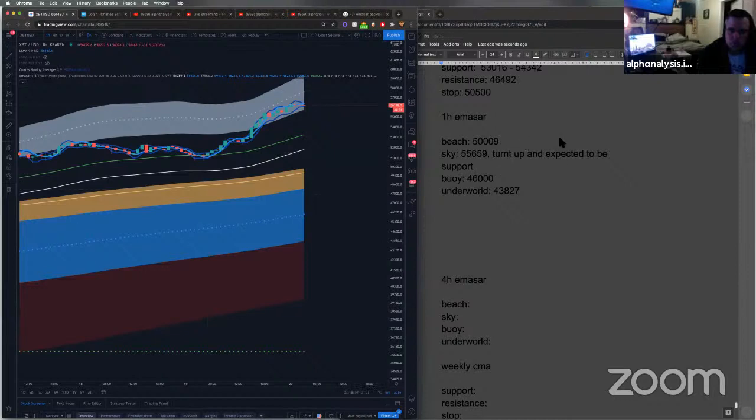So right now the stop losses I'm really liking are going to be under the buoy right here around 45. And in fact, I'll just tell you the stop losses I have set, provided that it doesn't just completely break down everything.